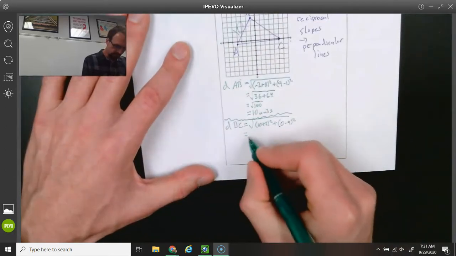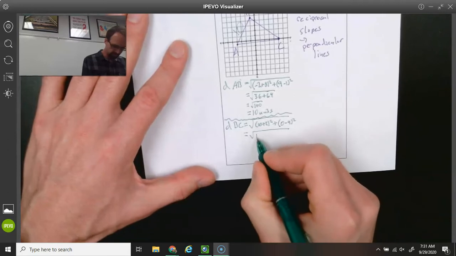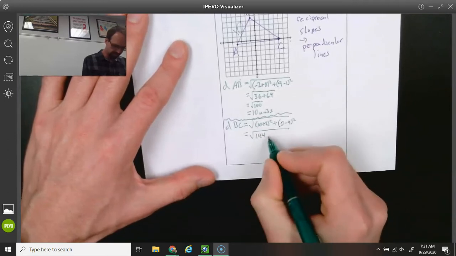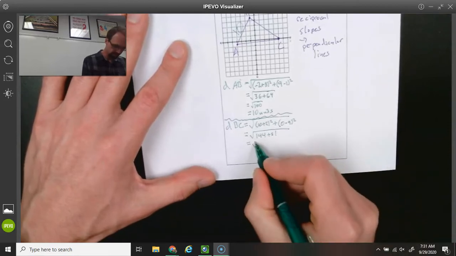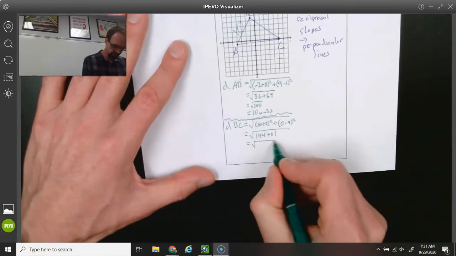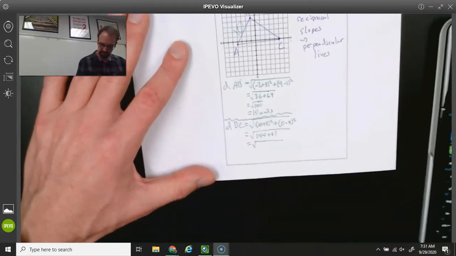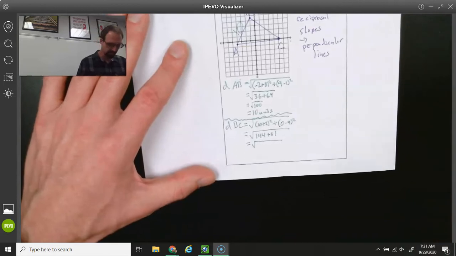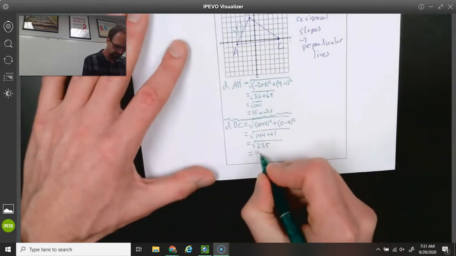So that's going to give me the square root of 12 squared, so that's 144. 9 squared is 81. I think that's 255. No, that's not 255. It's 225. And the square root of 225 is 15.